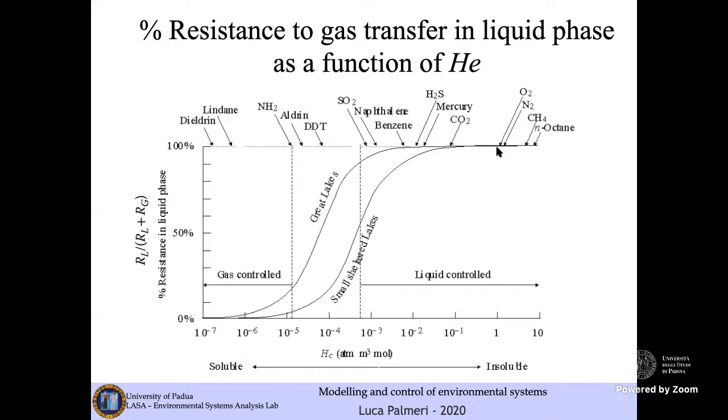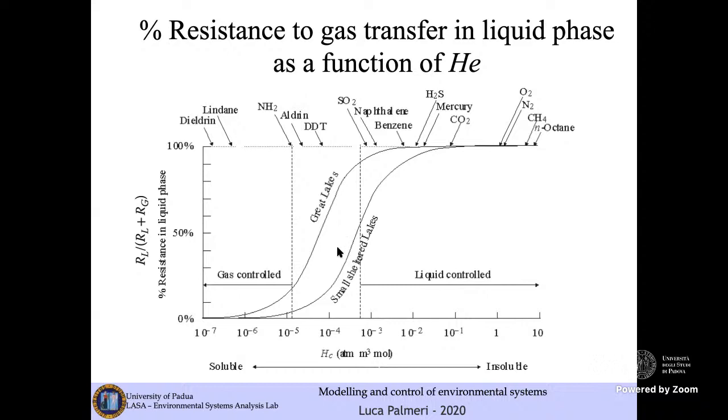More interestingly, you may notice that this kind of sigmoidal dependence of the resistance in the liquid phase on the Henry constant is different for different water bodies.